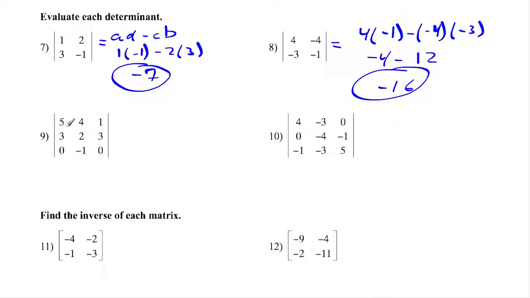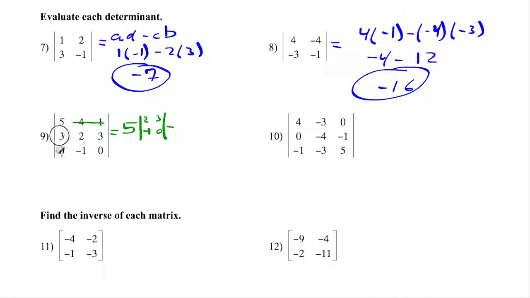Now finding the determinant of a 3 by 3 matrix is a little bit more involved, but what we're going to do is take the first value in each column times a special matrix. So this is 5 times, well, if I get rid of everything in the same row and same column, I get 2, 3, negative 1, 0. And I'm going to find the determinant of that small matrix.